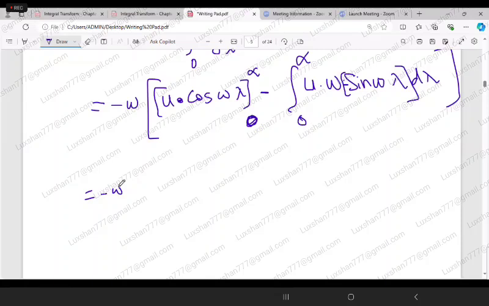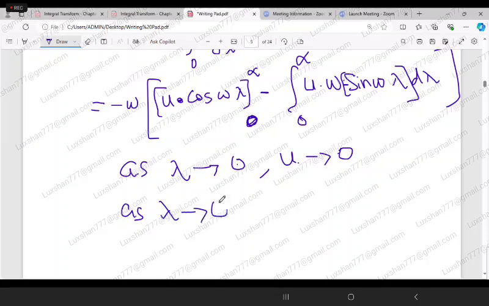So minus omega, and look at here, as lambda tends to infinity, we say that u tends to 0. As lambda tends to 0, what will happen?